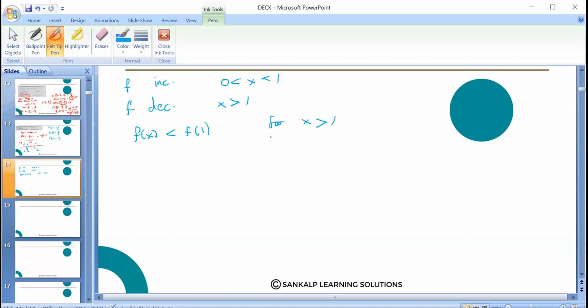Here we are taking greater than 1, 1 to infinity, and 0 to 1, f is increasing.